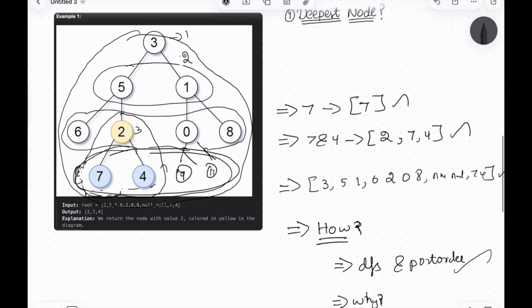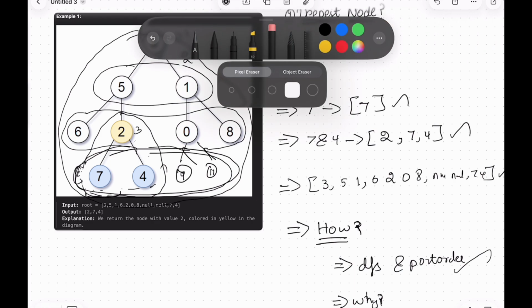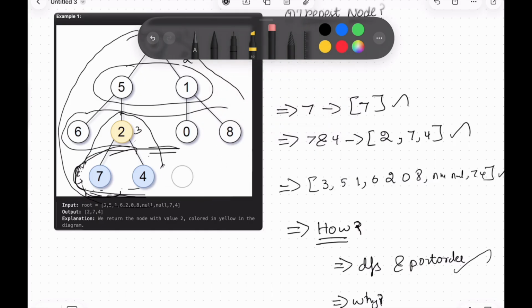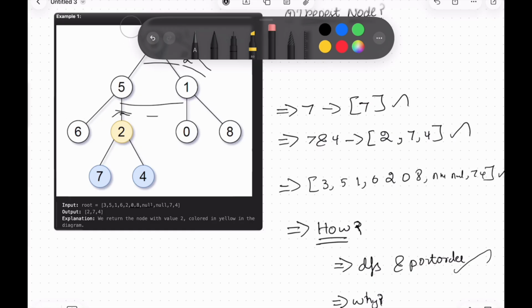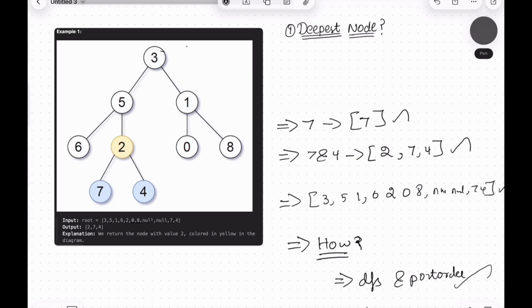So how does this flow go? So let me erase this. Yeah, better. When we call the DFS function, it starts from the leftmost node, right?